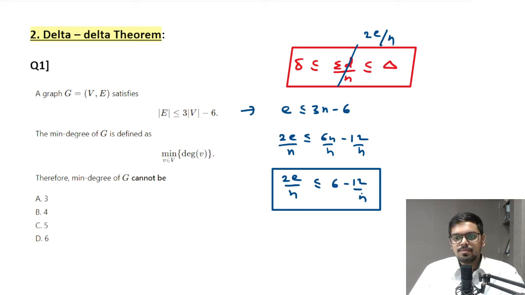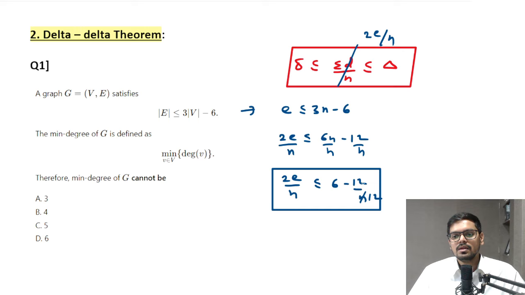The maximum possible value: n equal to 0 is not defined, n equal to 1 gives negative, and average degree cannot be negative. At n equal to 6 the value would be 0, which is not the maximum; as n grows we get some positive value greater than 0. But the maximum you will get when n is 12.